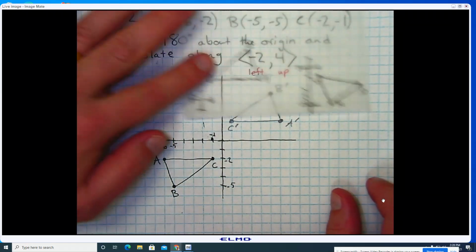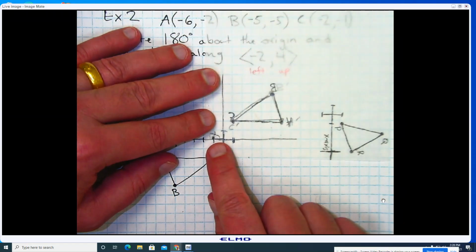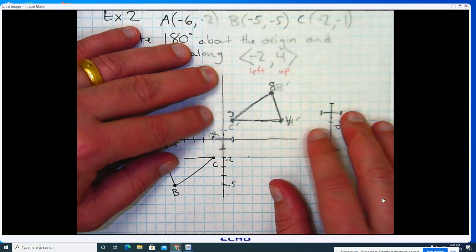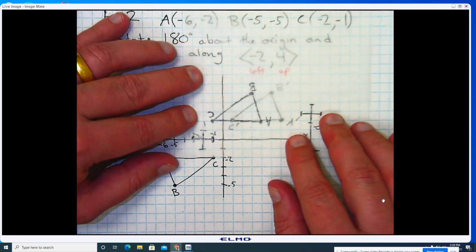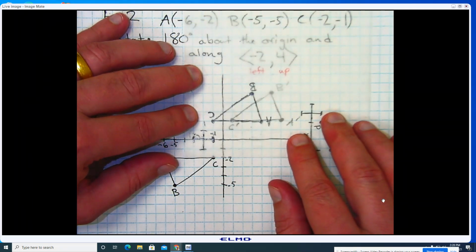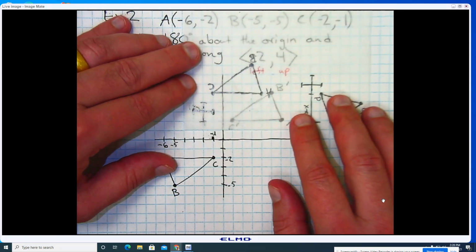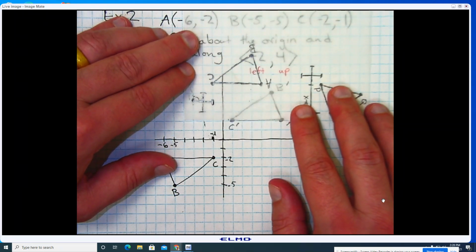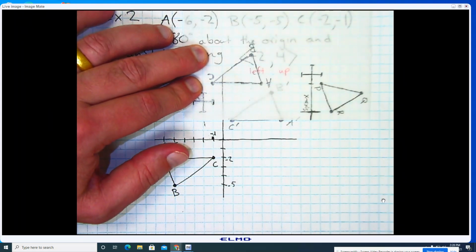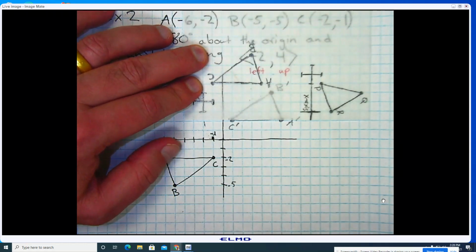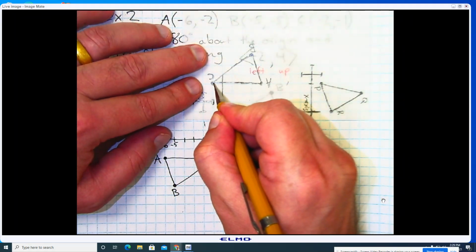We can just move it in that same direction and keep track of the origin and how we move it. So I'm going left 2, 1, 2, and then up 4: 1, 2, 3, 4. And this is where our new shape lands. We'll draw on each one and make sure we call it double prime.